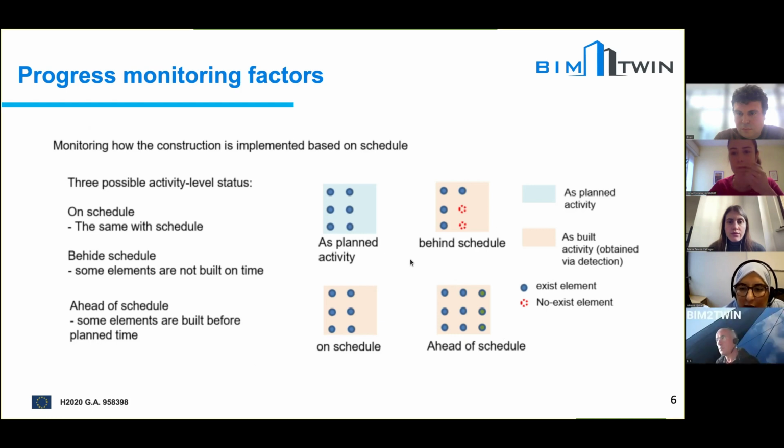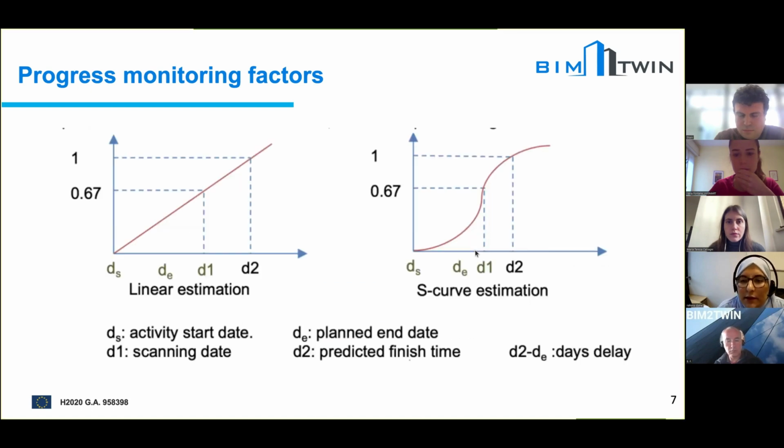If we are in the situation where some elements are not built on time or we are behind the schedule, we need to compute some quantitative information. This information will help us to predict the percentage of completion of the activity and to predict the finish date.